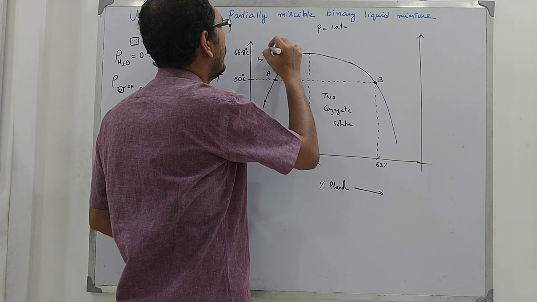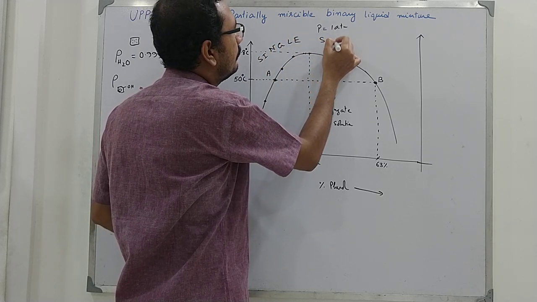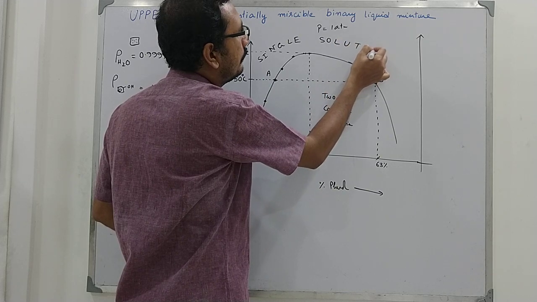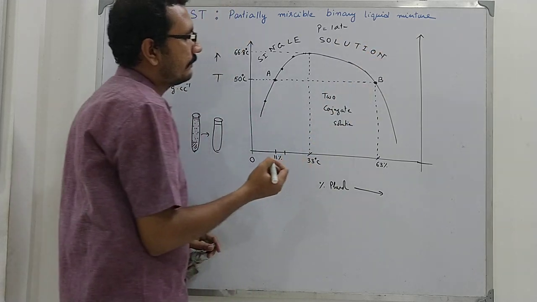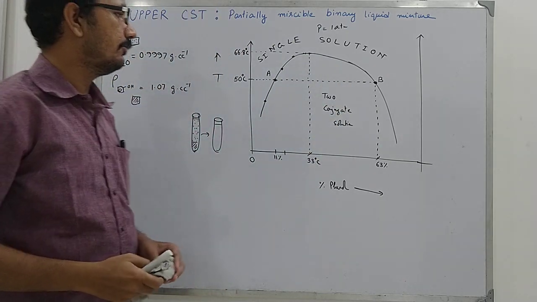So this is the single solution domain, and this area is the two conjugate solution domain.